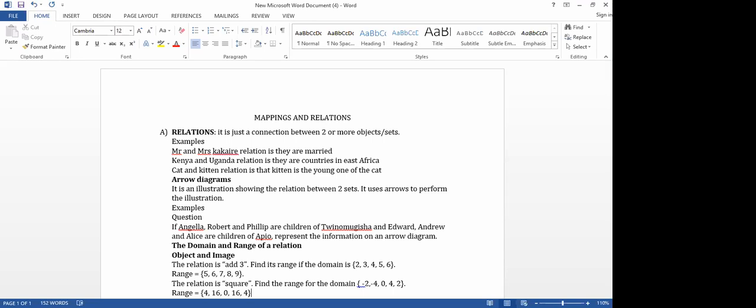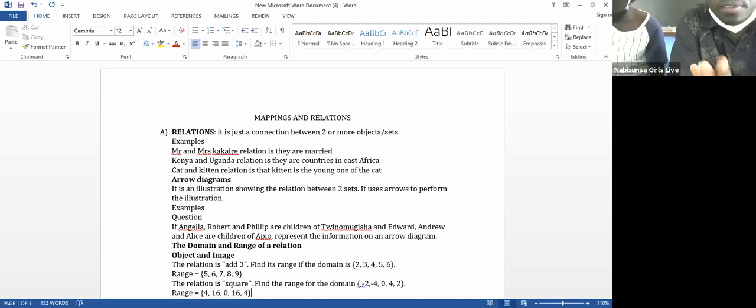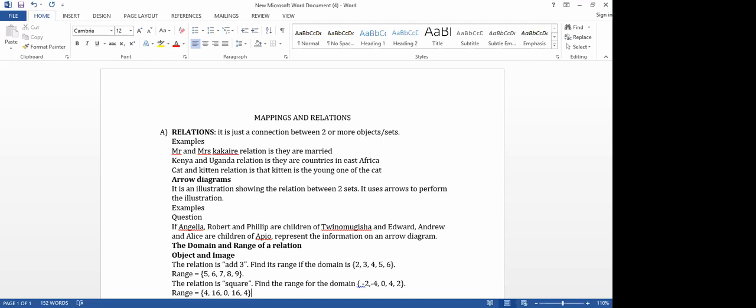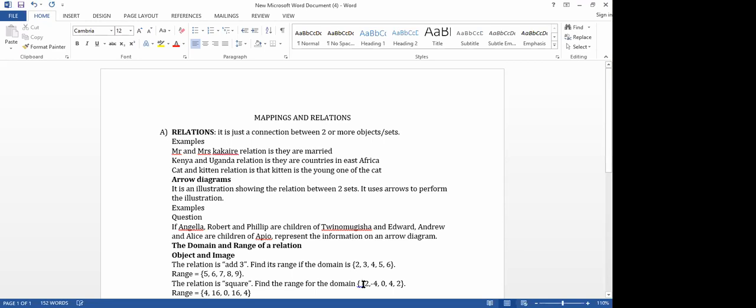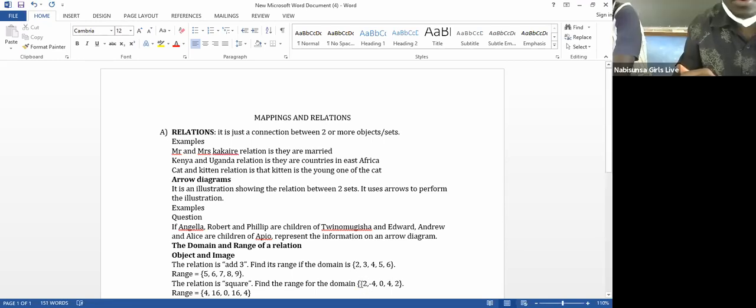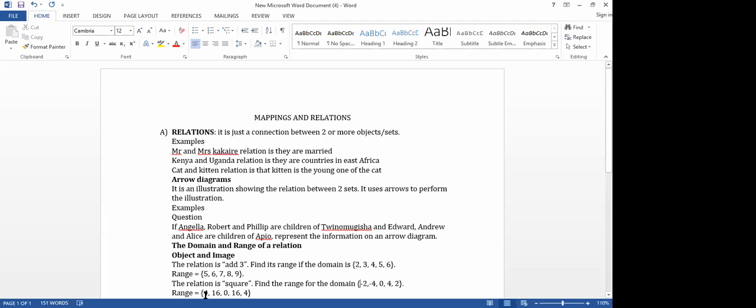Mina, with our domain as -2, -4, 0, when you square -2, you get -2 times -2 equals 4. Mina, is it true?